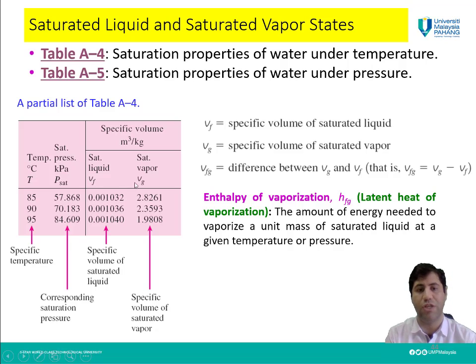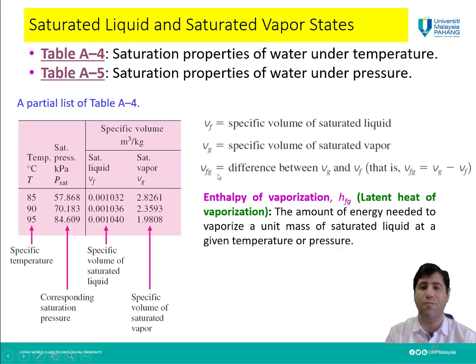Similarly, Uf and Ug: Uf is the specific internal energy of saturated liquid, and Ug is the specific internal energy of saturated vapor. So we have internal energy, enthalpy, and specific volume for saturated liquid and saturated vapor in this table, table A4, for different temperatures.